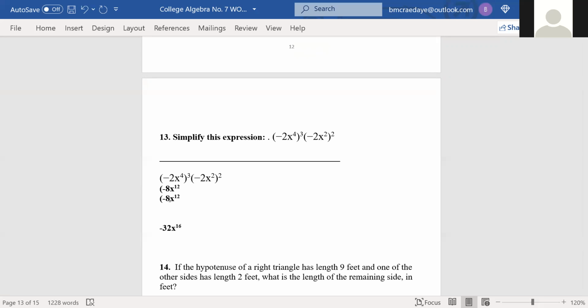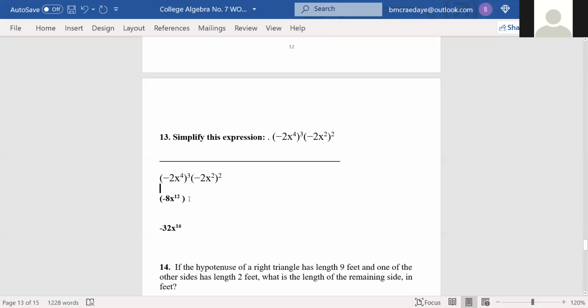And we put this here. So the minus 2x to the 4th raised to the 3rd power: the minus 2 cubed is the minus 8, and the x to the 4th to the 3rd is x to the 12th.